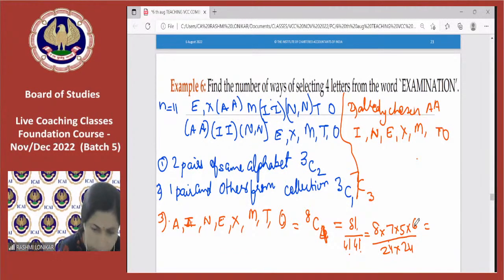Okay, 8 minus 4 is 4 factorial and then 4 factorial, because this is 8 and I have to select 4.